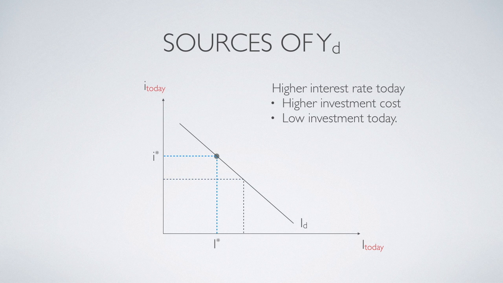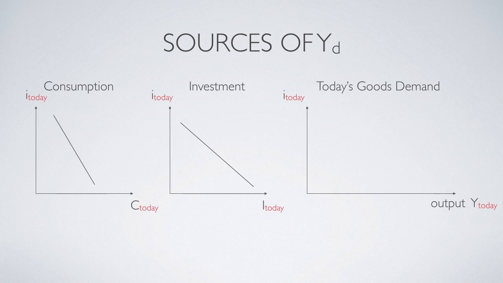So in a closed economy, the demand for final output is the sum of today's consumption and today's investment. We draw both negative slope lines of consumption and investment on the same graph, next to each other. Now we are going to derive the YD curve from the consumption and investment curves. We start from interest rate i1.